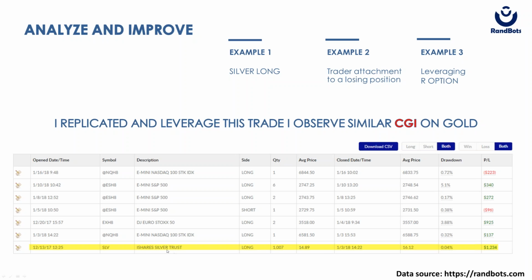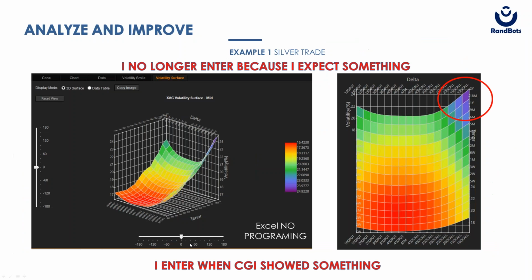So after this, I went to look why I wanted to add exposure into commodities. And I noticed in December last year that there were a lot of auction trades in the calls, in the 15 and 20 calls on silver.